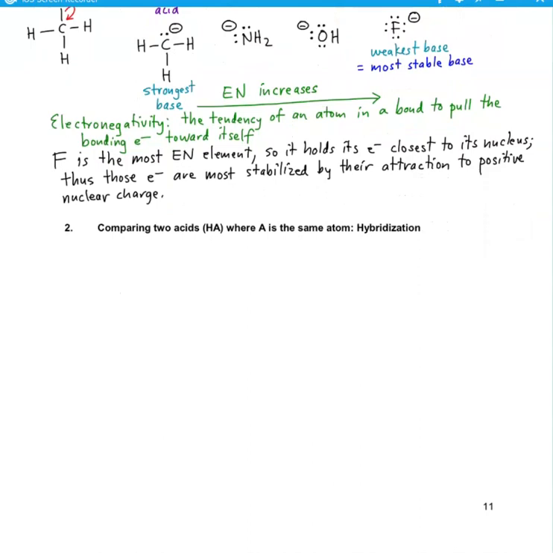Now, an extension of this idea has to do with the hybridization of the atom that the proton is attached to. So if you're comparing two acids where the protons are attached to the same atom, then the factor that you might want to use is hybridization, or one factor you could use. So let's take a look at a set of acids.